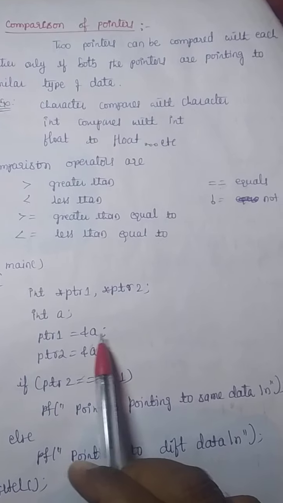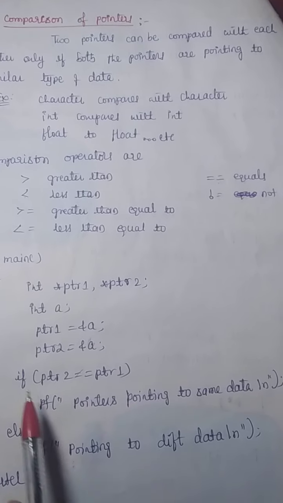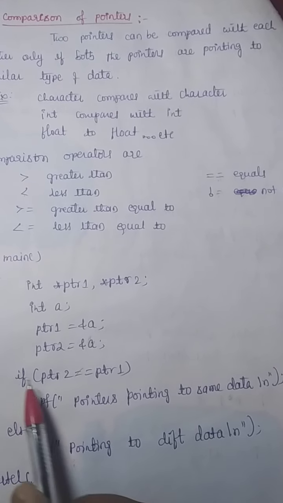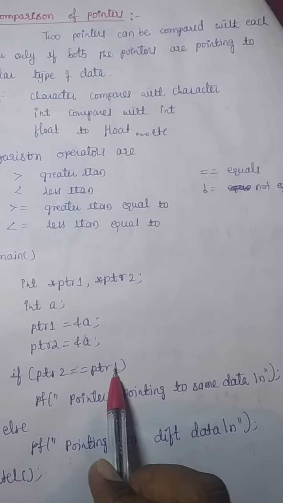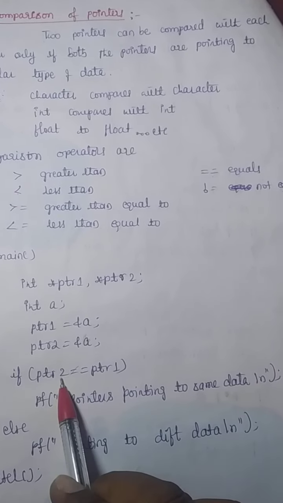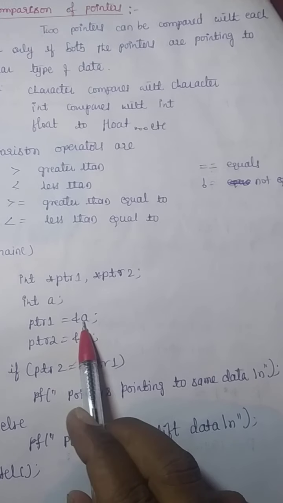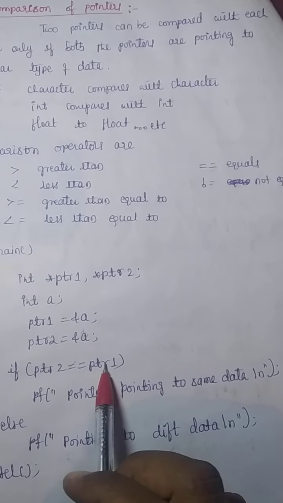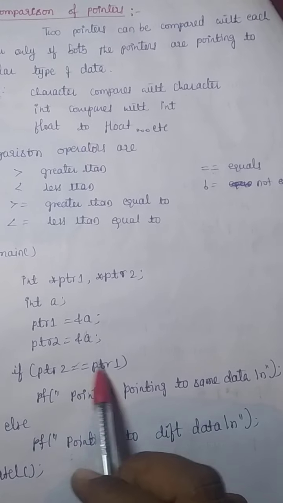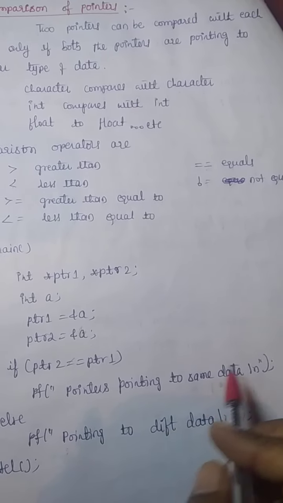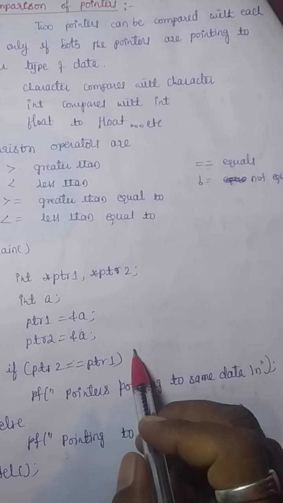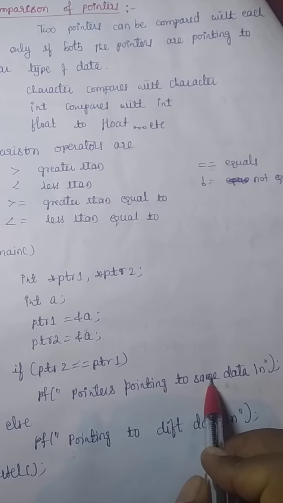When both pointers have the same address, you can compare like this using an if condition: if ptr1 is equal to ptr2, or ptr2 is equal to ptr1, in any way you can check. When these two pointers have the same address, you can tell that the pointers are pointing to the same data. So the condition is true, right? So you are going to get this output.